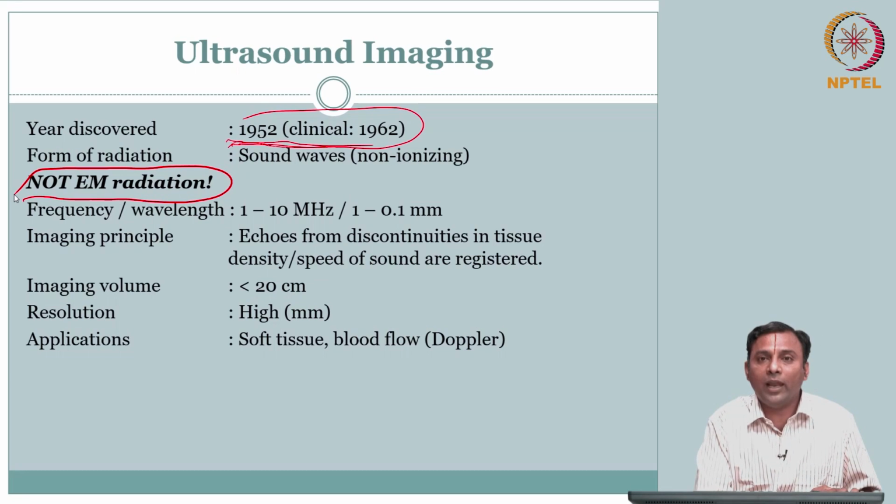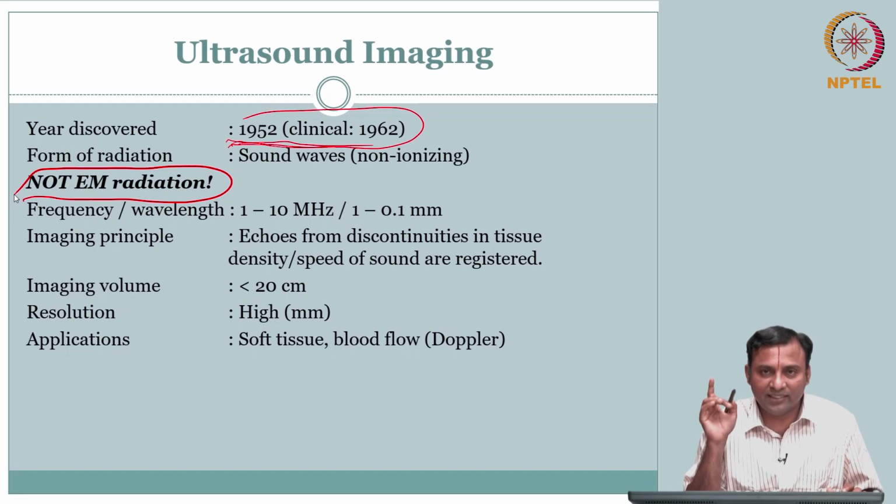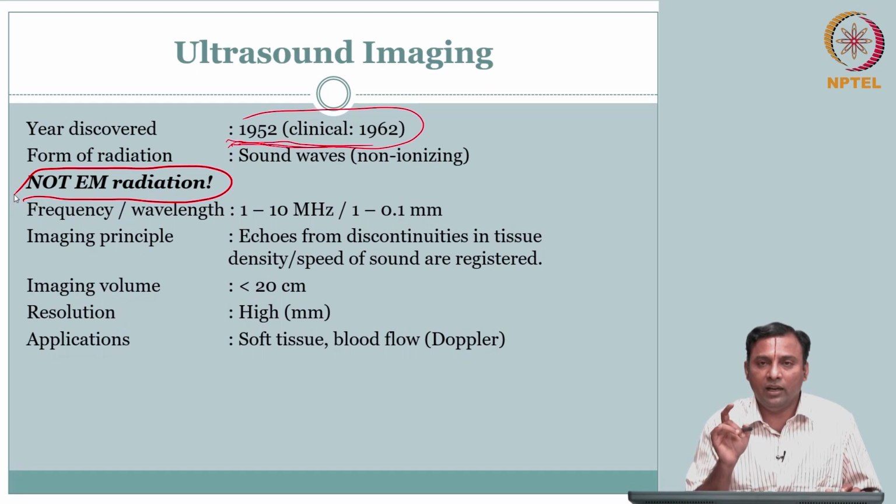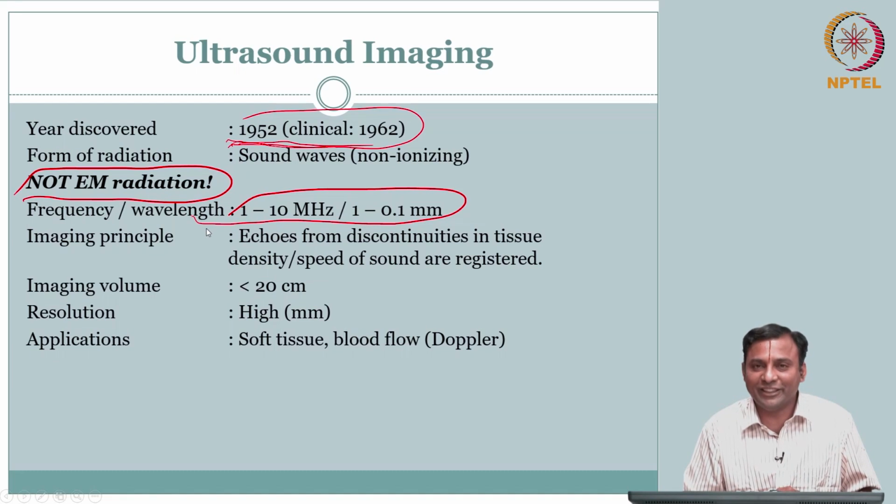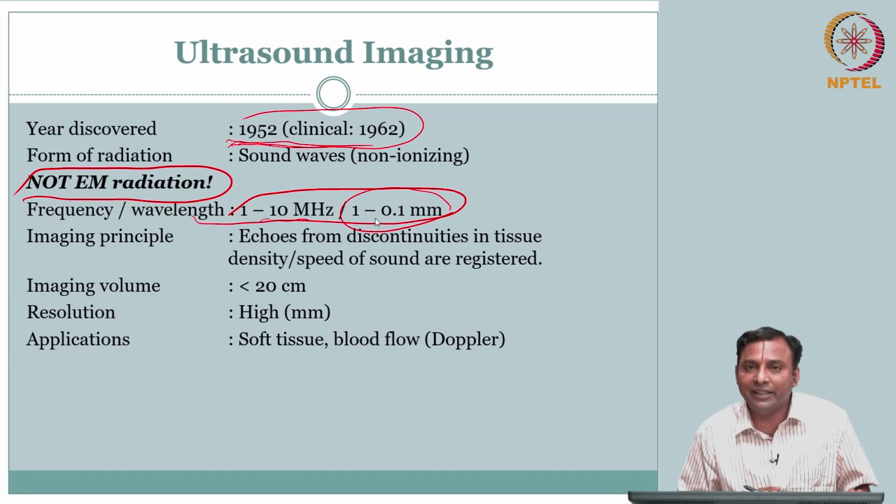Key: no electromagnetic radiation. That is the real key message, the uniqueness of ultrasound imaging compared to the others we have discussed so far. Look at the range. Now we are talking about pressure wave frequency, not electromagnetic wave frequencies. Pressure wave frequency is 1 to 10 megahertz, cycles per second, and you get wavelengths on the order of a millimeter, a fraction of a millimeter.